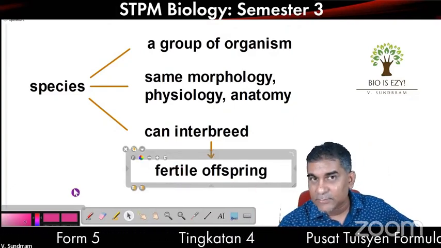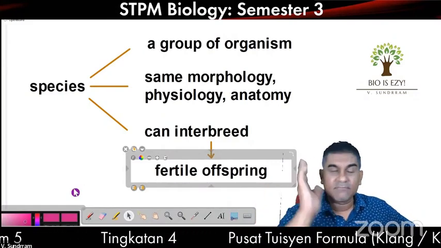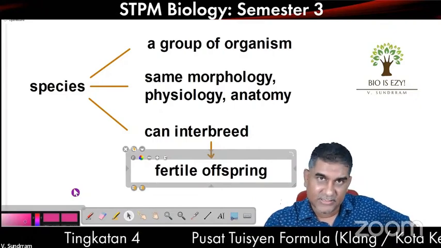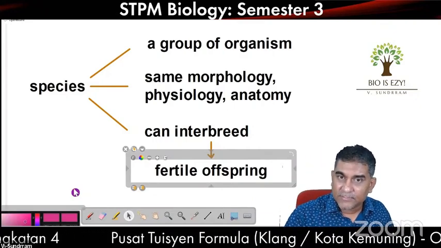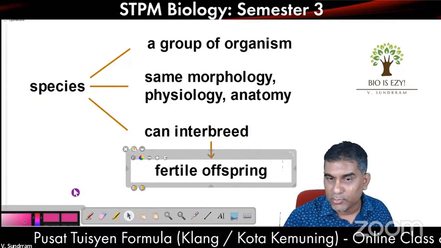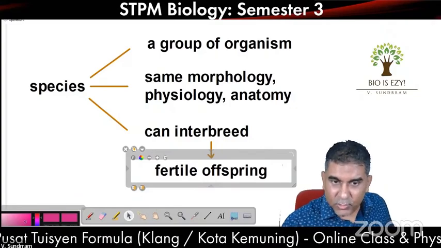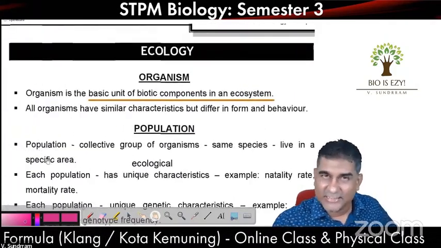Can get fertile offspring, same species. Cannot get fertile offspring, generally they are different species. So species, a group of organisms, same morphology, physiology, anatomy, can interbreed to produce fertile offspring. So that can also be grouped together with what we call organism.